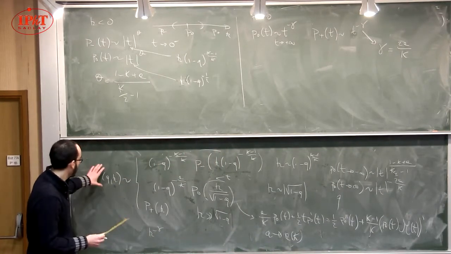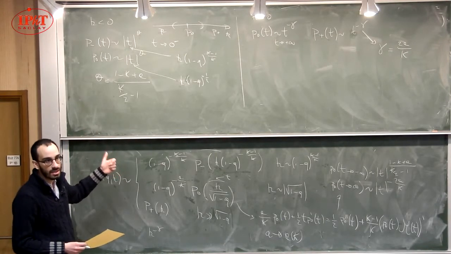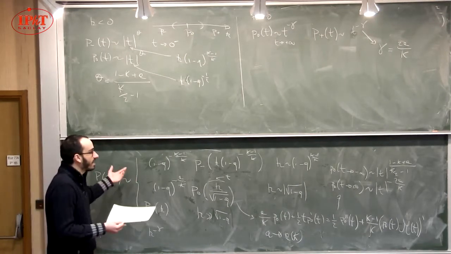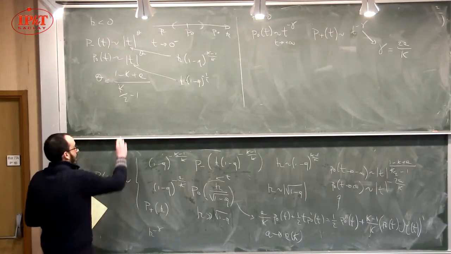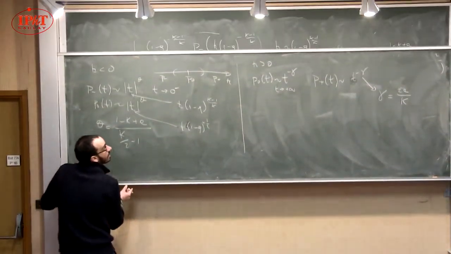So what we did is that we used the flow equation for f and the flow equation for p. So there are a few equations remaining. And what you can do is that you can take this equation.